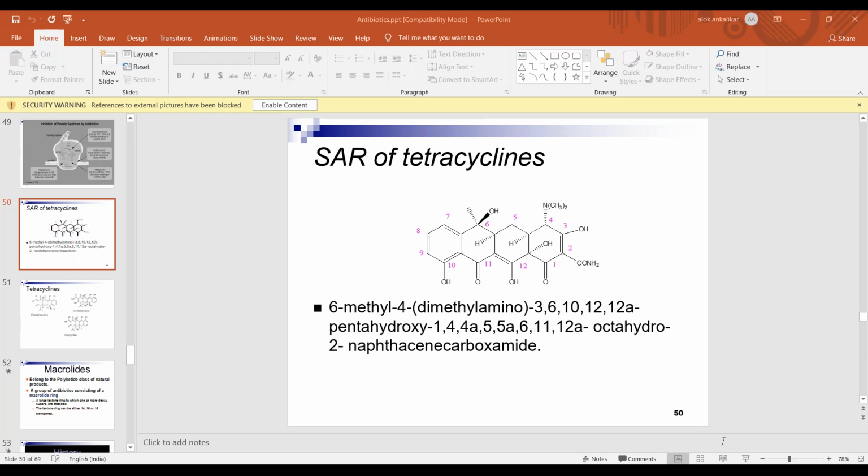Therefore, they have 6 chiral carbon atoms, while the other examples of tetracyclines have only 5 chiral carbon atoms. So doxycycline and oxytetracycline have 6 chiral carbon atoms, while the other examples have only 5 chiral carbon atoms.